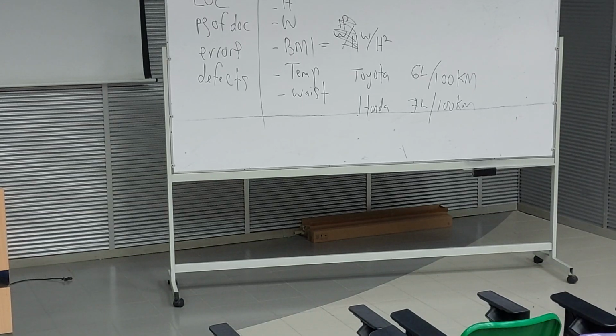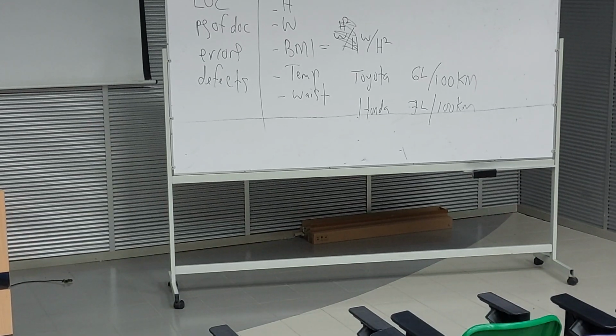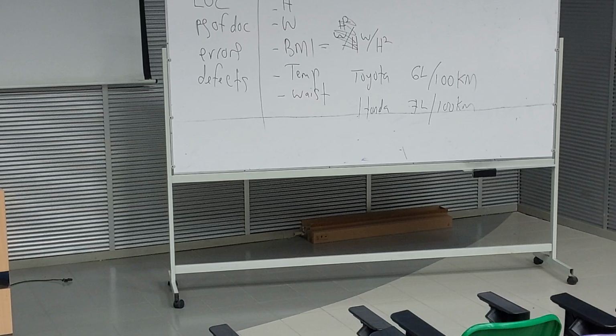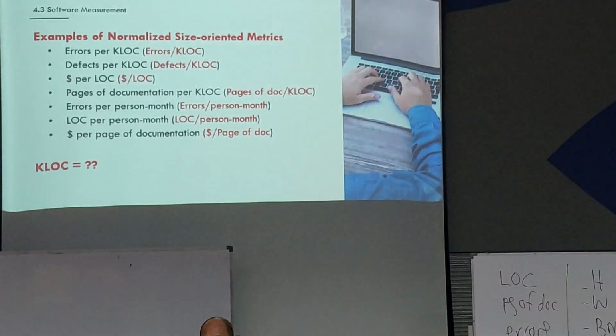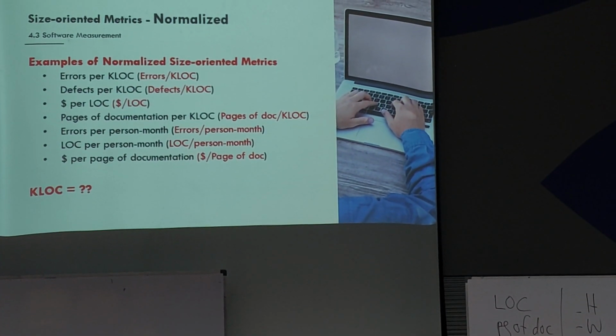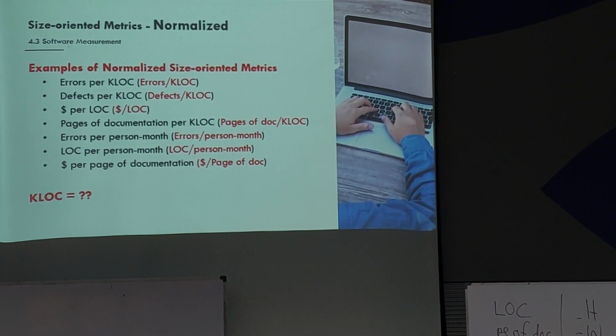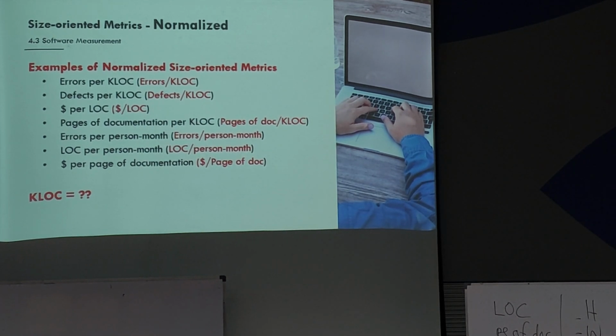So comparing per 1,000 lines of code is better. It's a better size to use when doing comparison rather than 100 lines of code. So you have to use a suitable size.